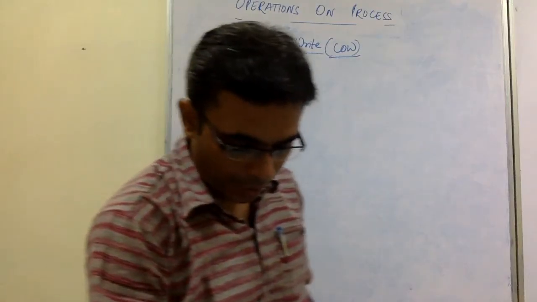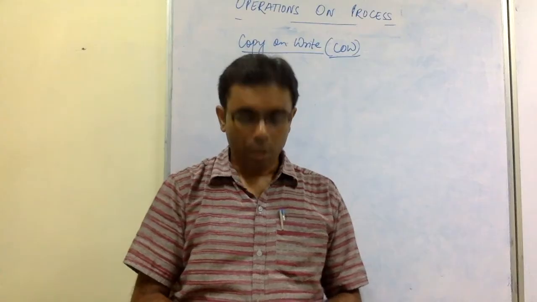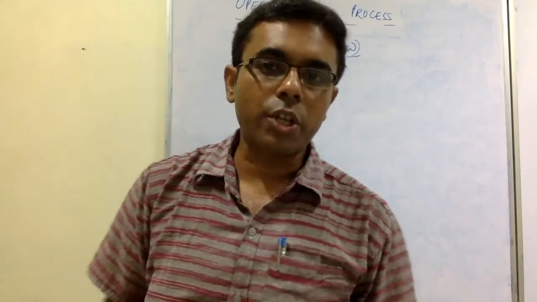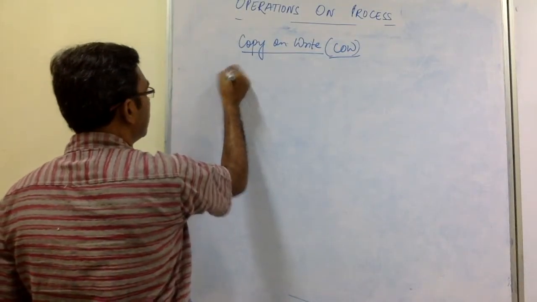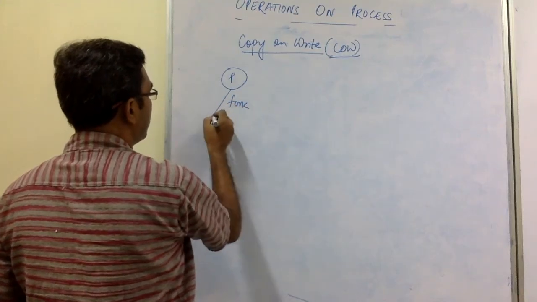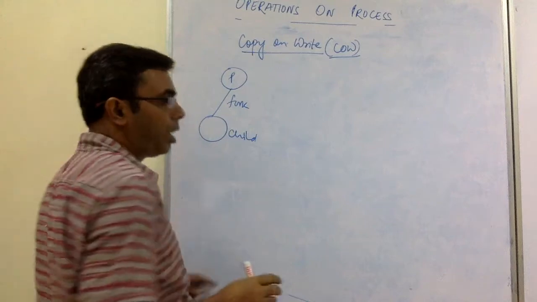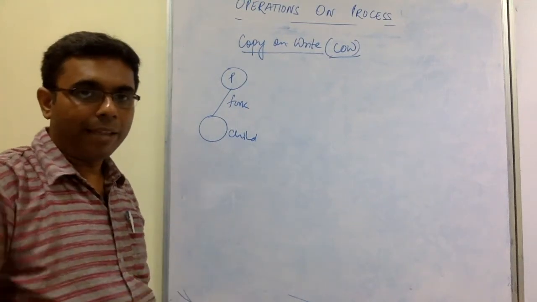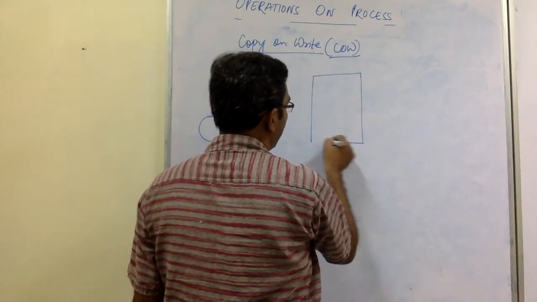We saw that when we were discussing fork, we said that a fork creates a child process, right? So a process P, the moment it uses a fork, it creates a child process. Okay, and now we have two processes, but we argue that both the parent and the child are individual processes.